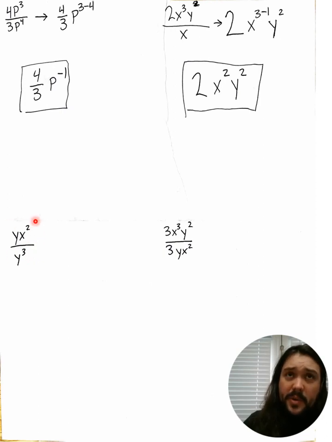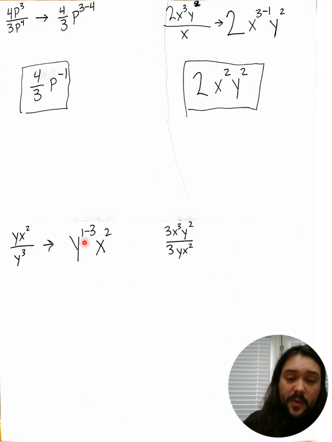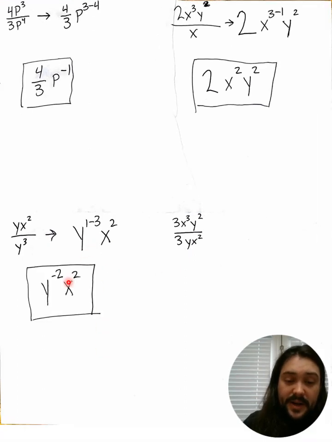There's only an x in the numerator, so there's nothing to combine in the denominator. So we get y, 1 minus 3, there's 1 in the numerator, 3 in the denominator, and then our x squared. The numerator just stays x squared. 1 minus 3 is negative 2, so we have y to the negative 2, x to the positive 2.